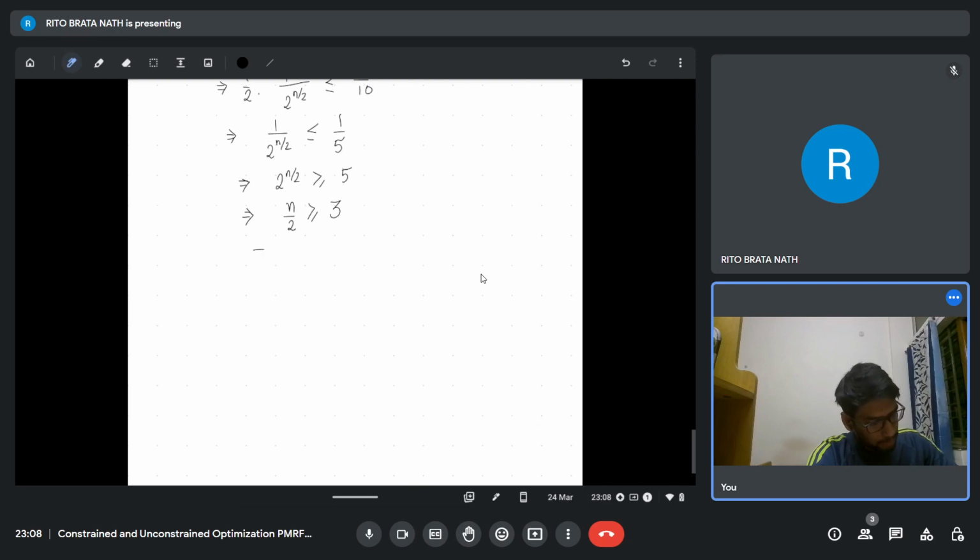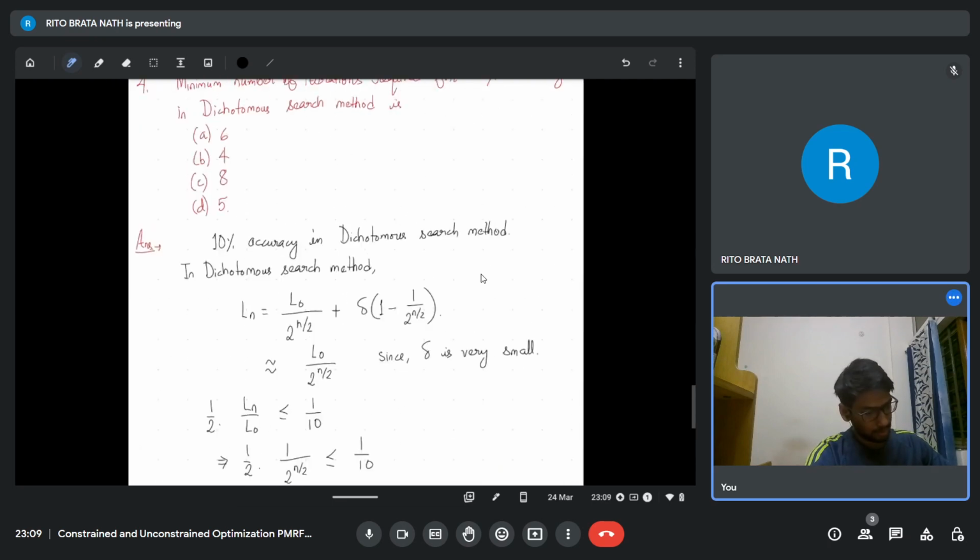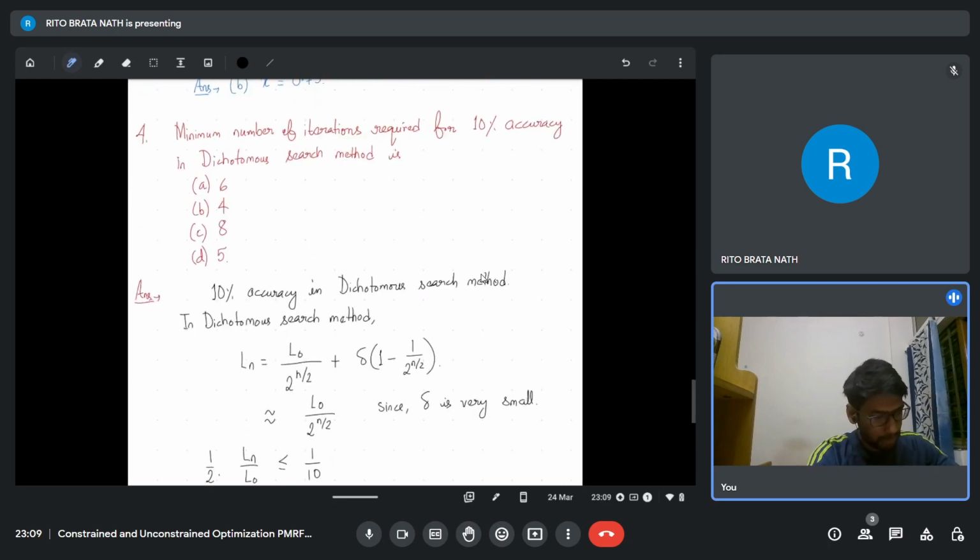So n will be greater than or equal to 6, which is the minimum number of iterations required. This equals 6. So option A will be the correct answer here.